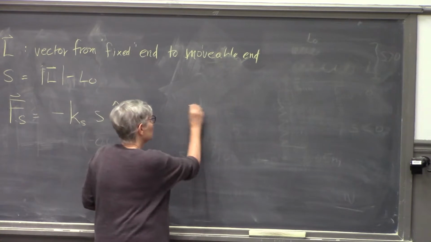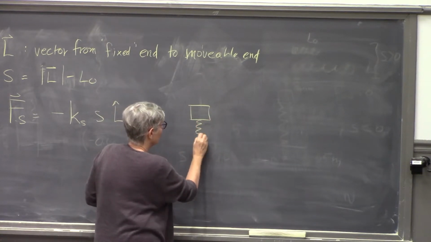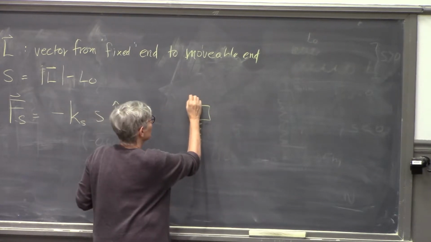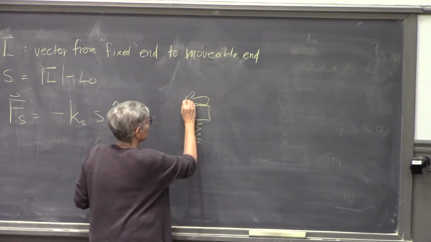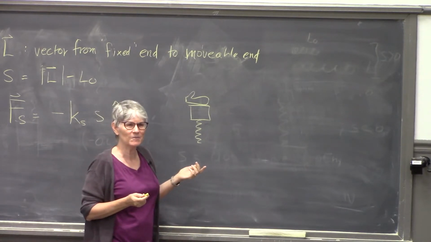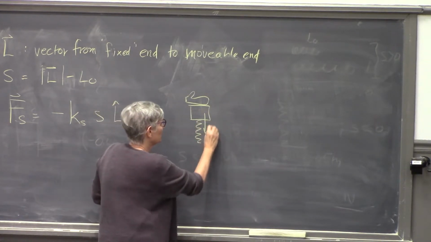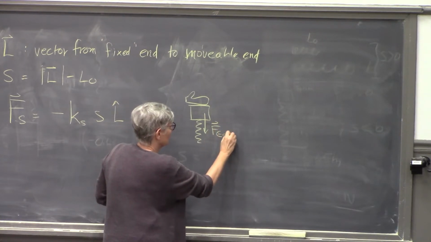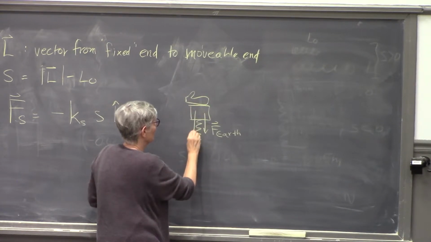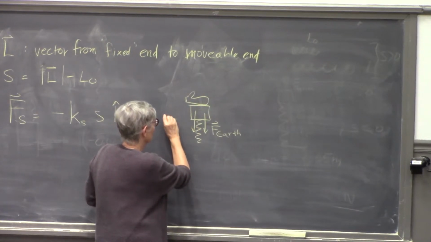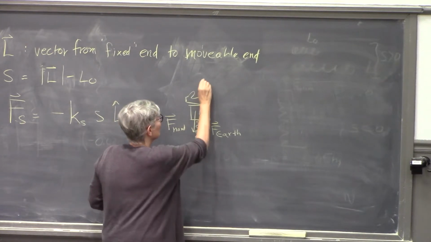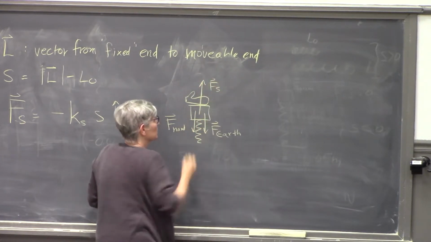So in this situation, we have 3 forces acting on the block. Here's our hand and our bright green mitten. The Earth is pulling down, we are pushing down, and the spring is pushing up.